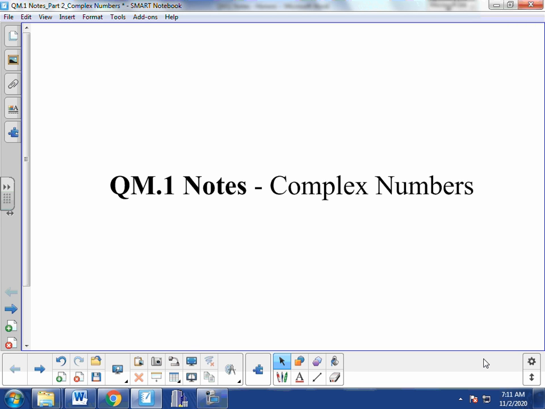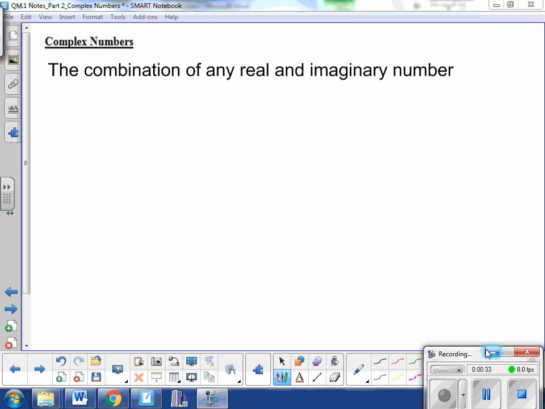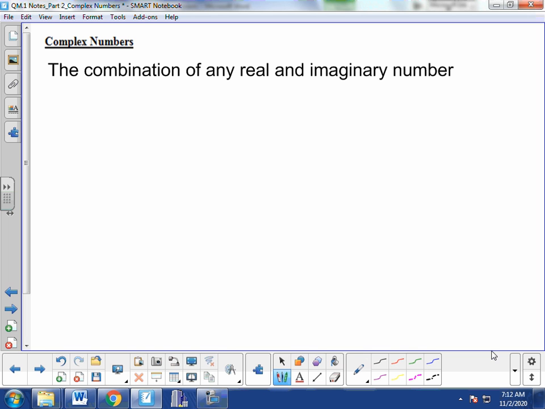So let's go ahead and define complex numbers. A complex number is the combination of any real and any imaginary number. Generally, how we write this is in the form a plus bi, where a and b are real numbers.